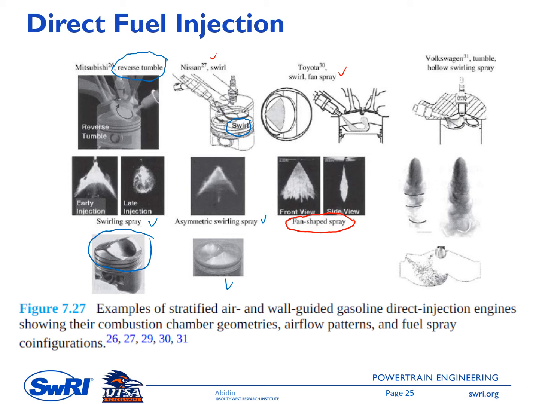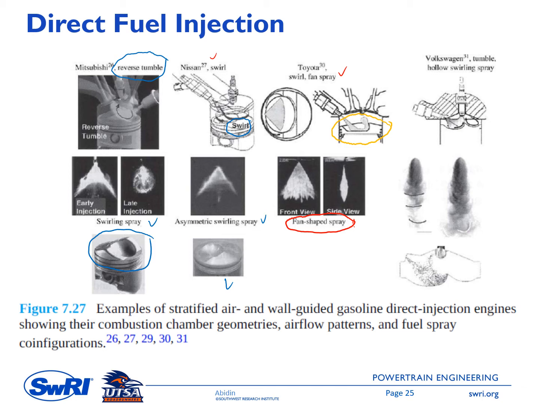That's why it's called a fan shaped spray. And they also have a unique feature of the piston that guides the spray. So you can see here on this schematic. So let me put a yellow color. So this is a unique feature of the piston that guides the spray in such a way that it will produce a stratified mixture inside the cylinder chamber.